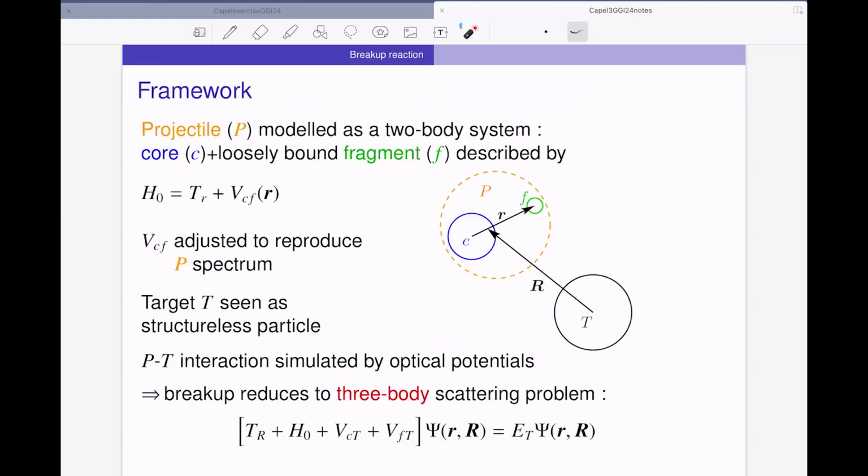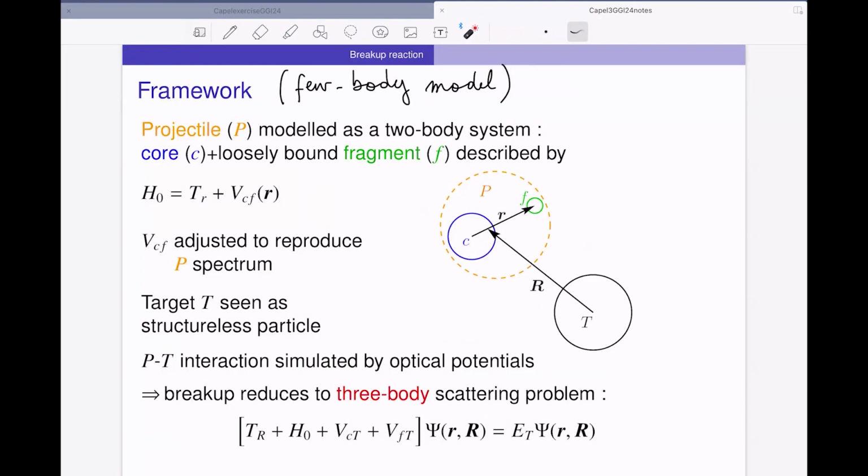So the framework we use is a few-body description of the reaction. That's really the important part. It's a few-body model of the reaction. I will focus here on a two-body, so a one-neutron or one-proton halo nucleus.